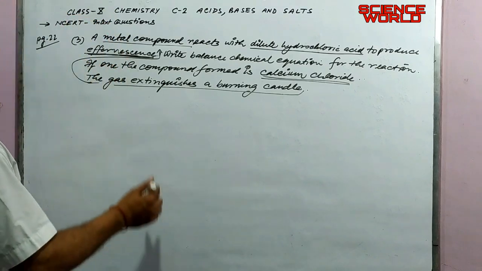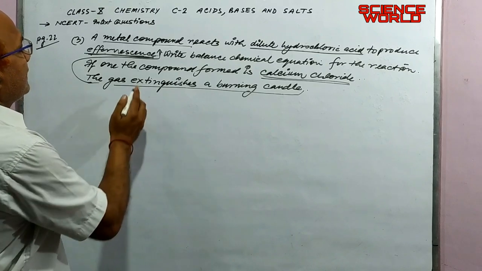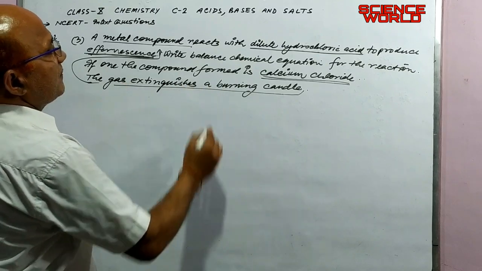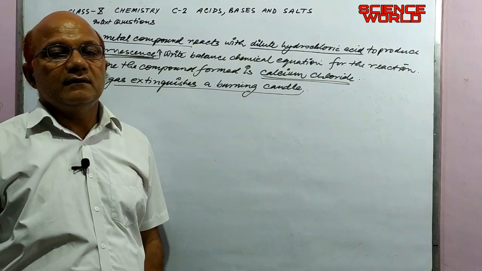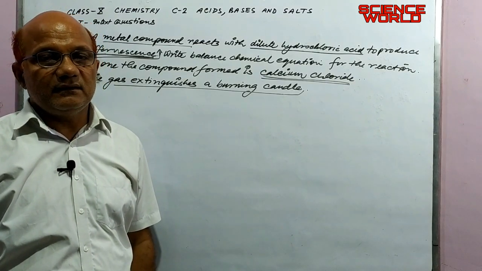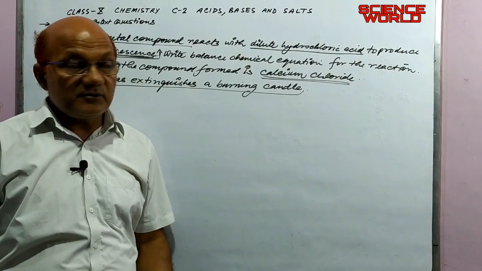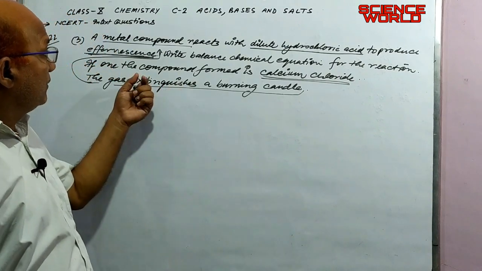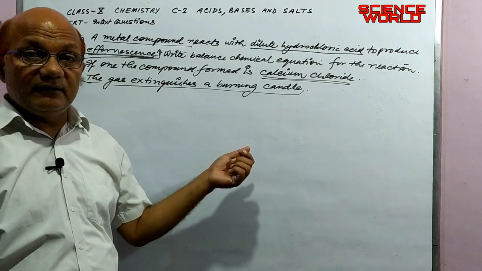The brisk effervescence means the gas extinguishes a burning candle. As you know, which gas extinguishes a burning candle? It is obviously carbon dioxide, so the gas which is releasing is carbon dioxide.